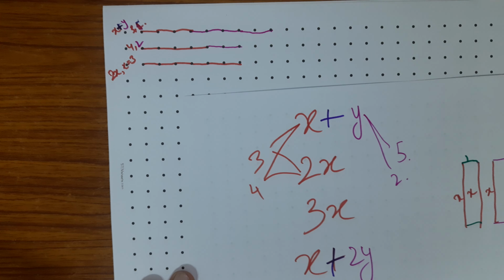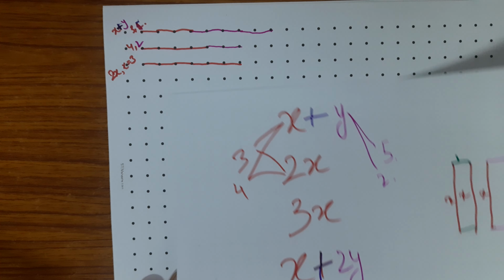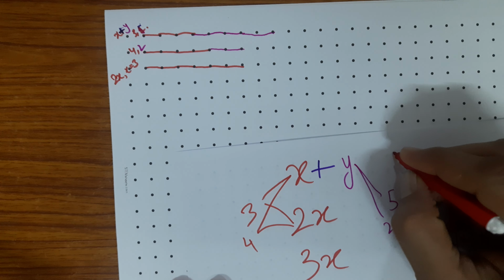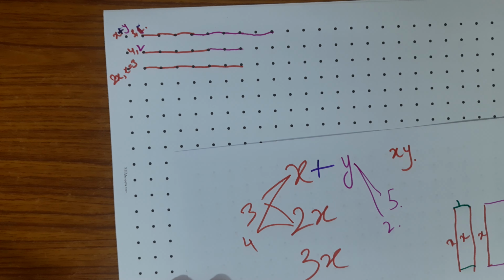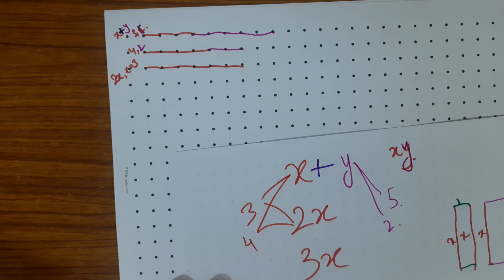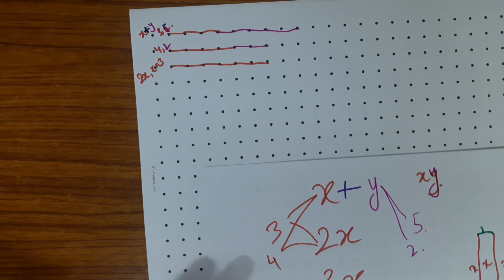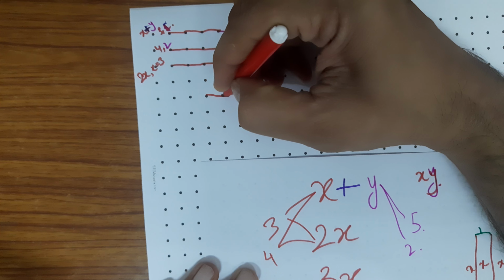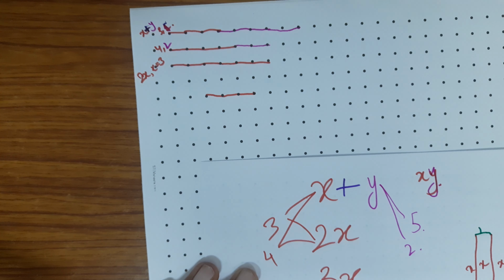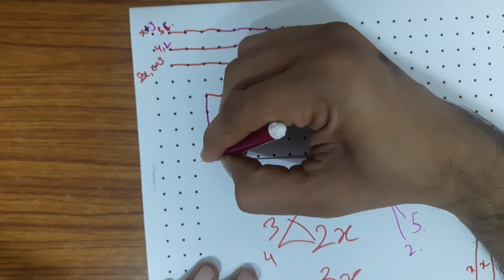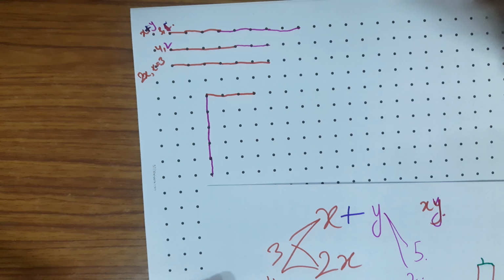So if x has a value 3, y has a value 5, and I had xy, with y in the other color, a product is area. So x is 3, so that's 1, 2, 3, and y is 5, so that's 1, 2, 3, 4, 5.